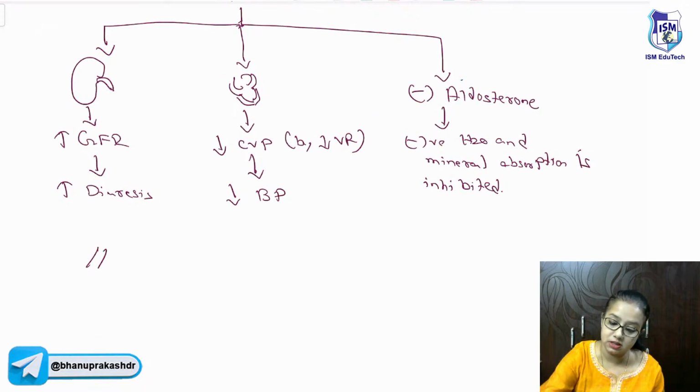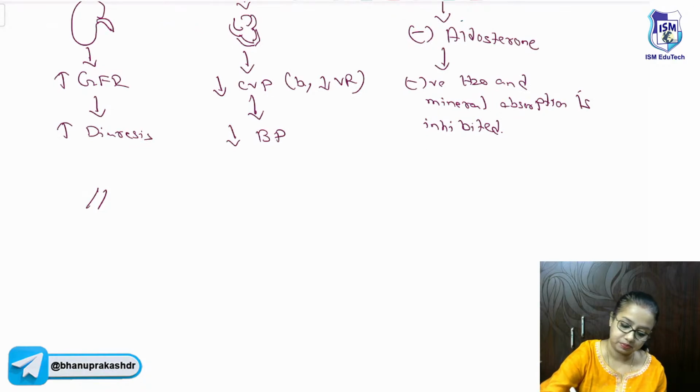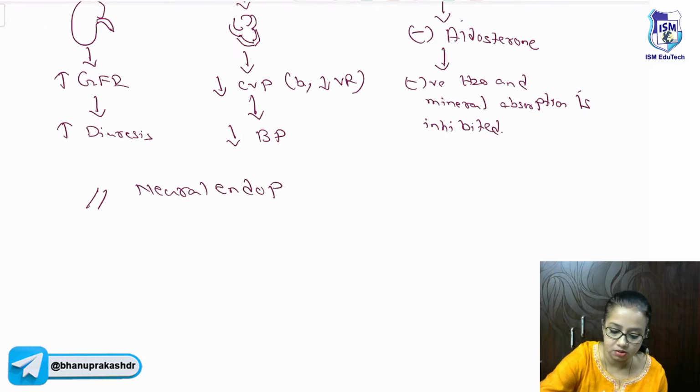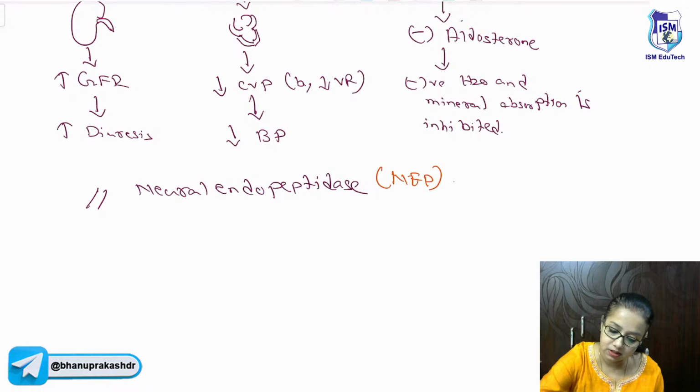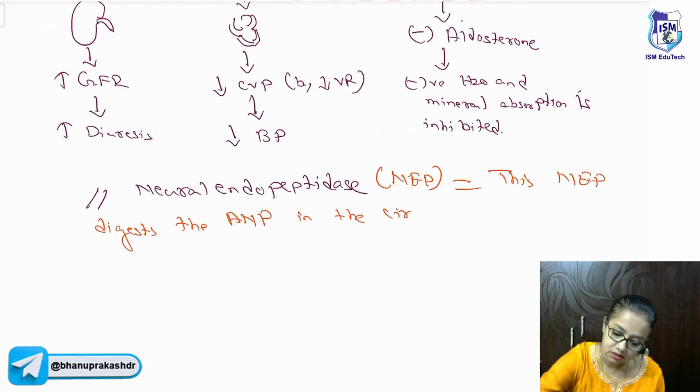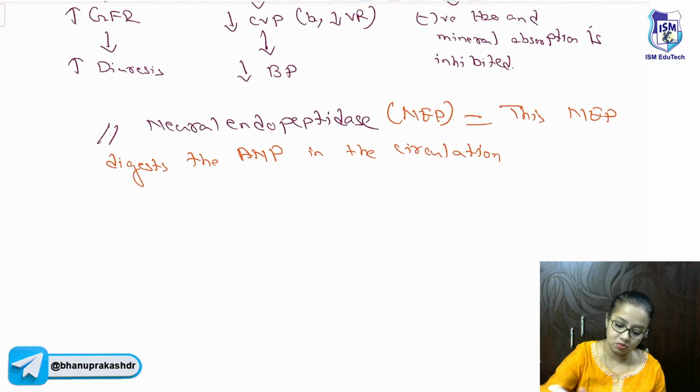Now, this ANP cannot stay in the system for a very long time. There is a neural endopeptidase, the short form is NEP. This NEP, which is an endopeptidase, digests the atrial natriuretic peptide in the circulation. So, what is its implication?